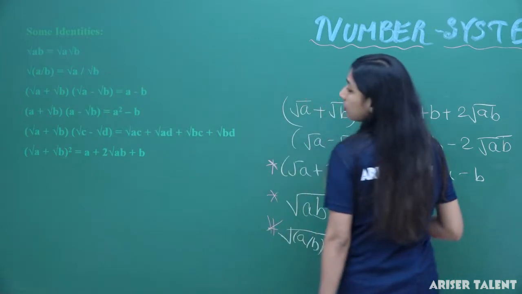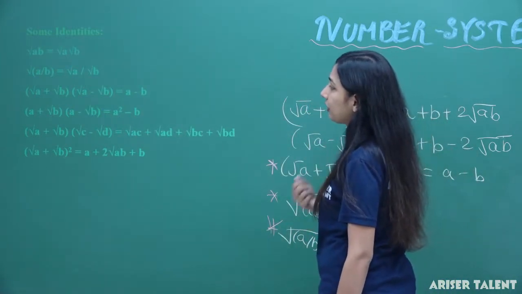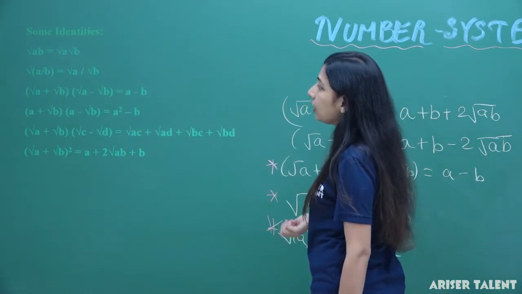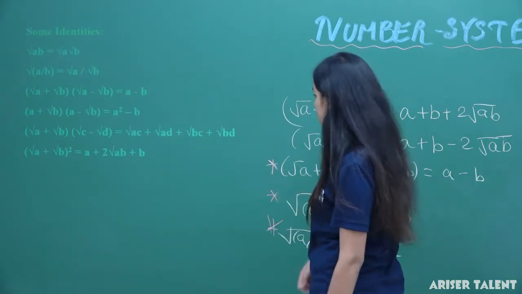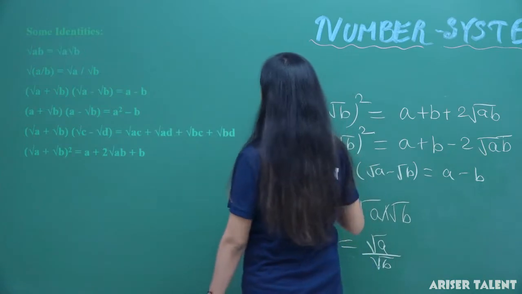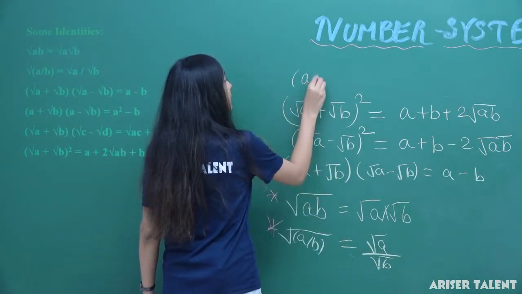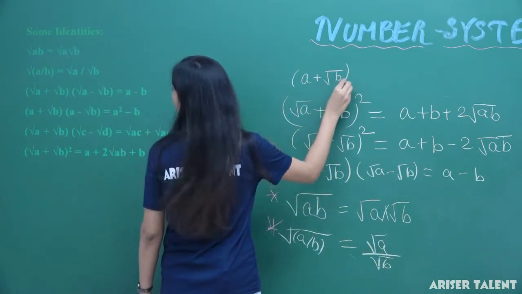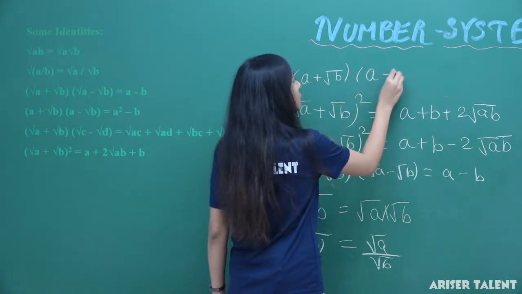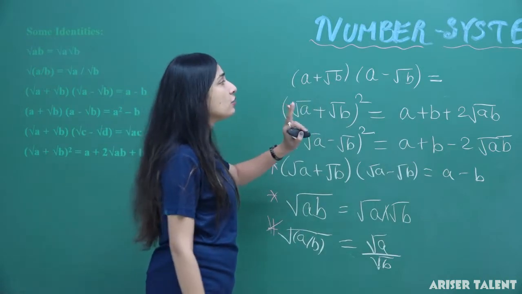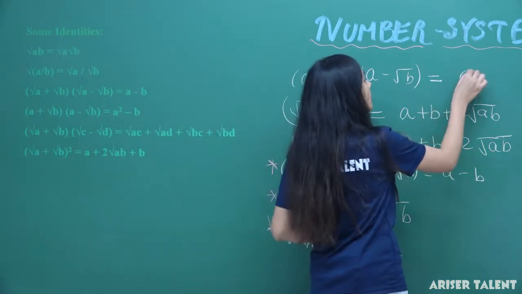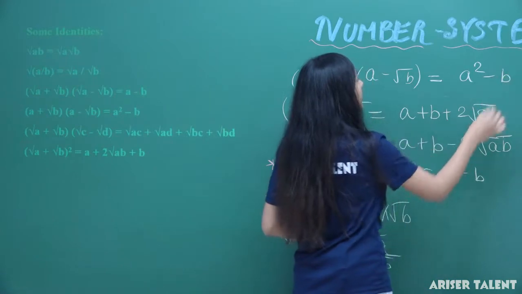Then we have (a plus root b) multiplied by (a minus root b). What is the formula here? As per the formula, you will have a square minus b square. So simply this is a square minus b.